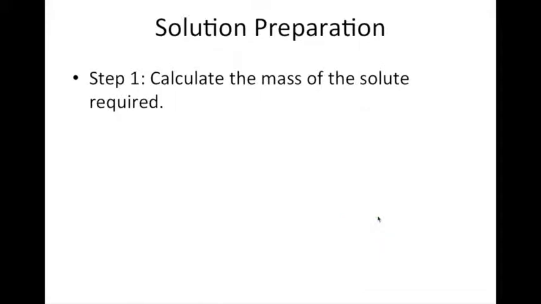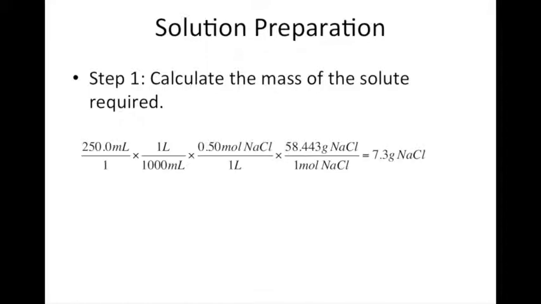So the first step that we need to do is to calculate the mass of our solute that's required. So we know that we want 250 milliliters and our molarity should be 0.5 molar. So we can use our volume and our molarity to figure out how many moles we need.